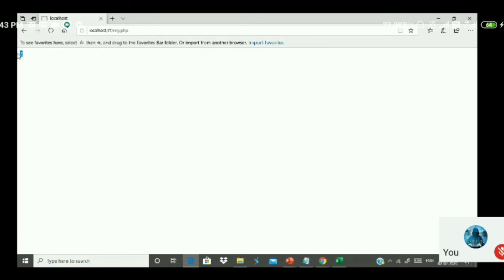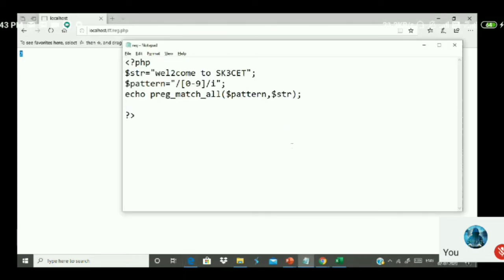Listen here, I'm getting 2 here. Why am I getting 2, Mukundan? Sorry, Mayappan. Because of the numbers, sir, 2 and 3. Okay, because 2 falls in the range of 0 to 9 and 3 falls in the range of 0 to 9. Suppose I write 0 and 9 like this.